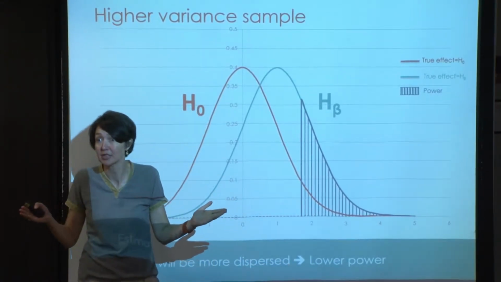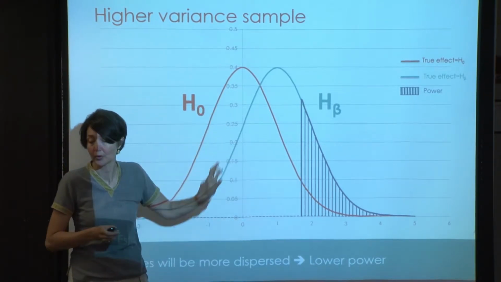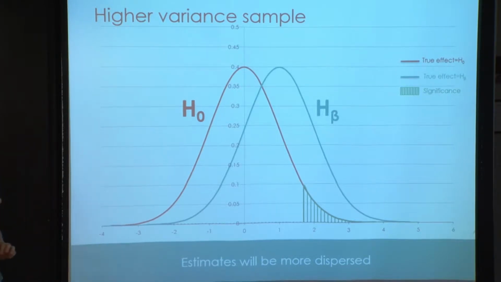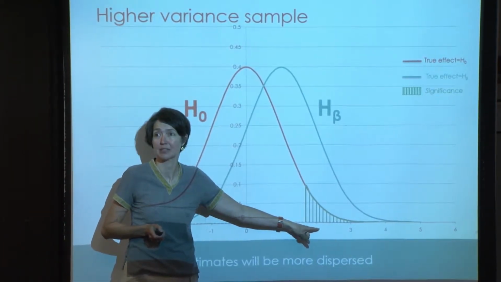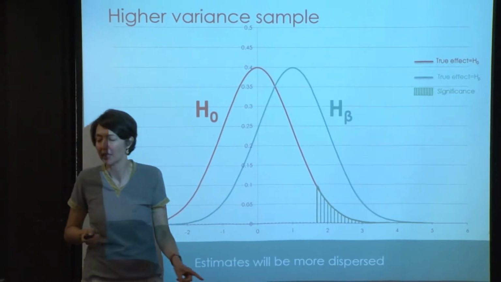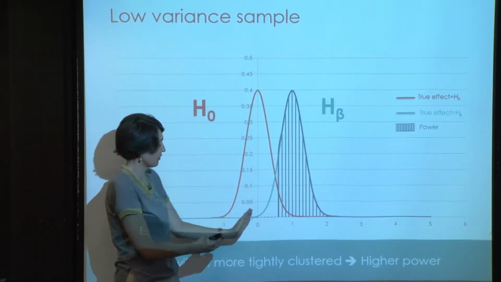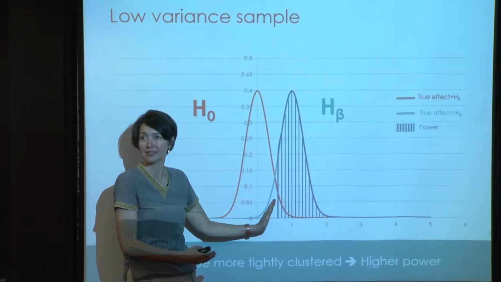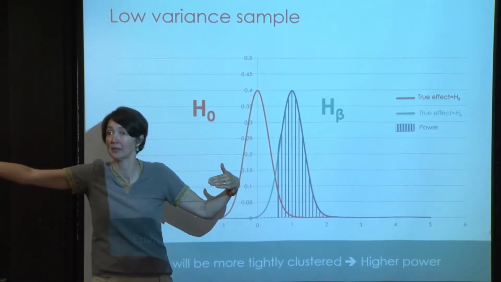So that's going to be different depending on whether that curve is fat or thin. If it's very narrow, then the critical value will be very close to 0, but if it's very fat, the critical value is going to be way out there.